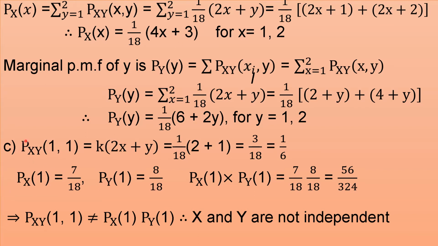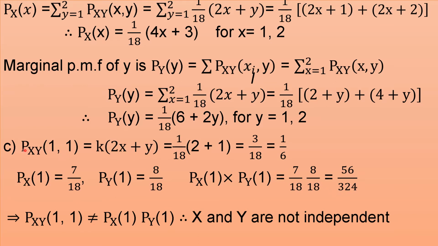Similarly, for the marginal probability mass function py of y, you put y as 1: 1 by 18 into 6 plus 2, 8 by 18. Multiply px of 1 into py of 1, which means 7 by 18 into 8 by 18, or 56 by 324.